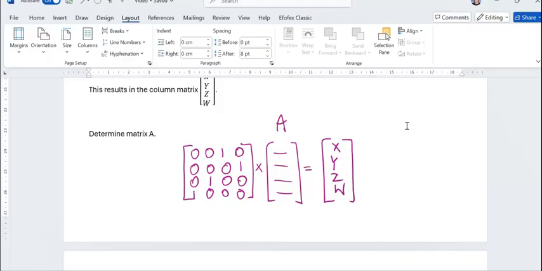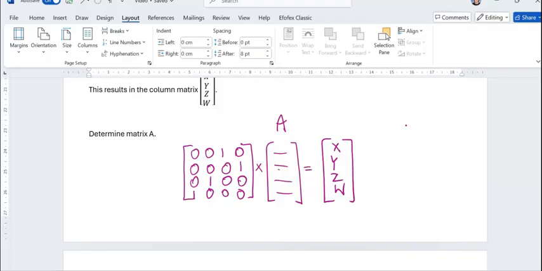If you're imagining running across the first row of the permutation matrix, 0 times something plus 0 times something plus 1 times something plus 0 times something has to be X. The only way I can get the answer of X is if the 1 matches up with the X, and I get 1 times X equals X and 0 for everything else.